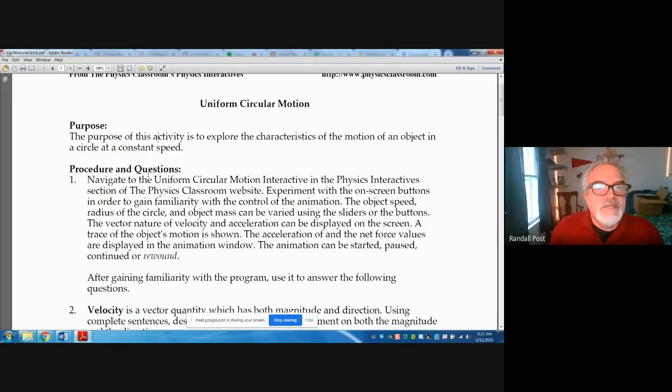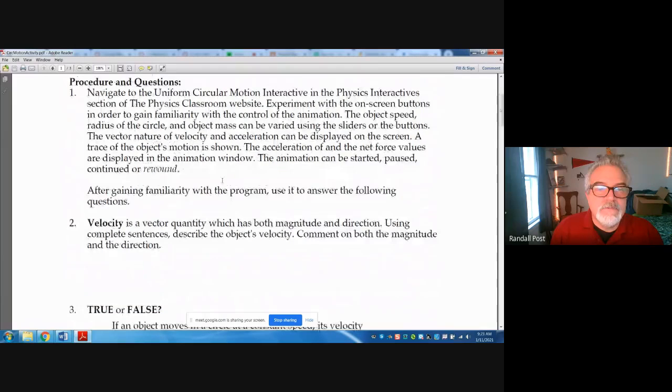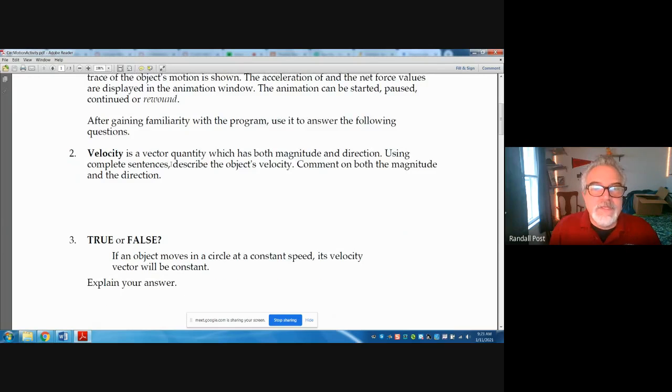So we already did this part here. We tried out the interactive, and we got familiar with it, and now we're going to use it. So move on to number 2. Velocity is a vector quantity which has both magnitude and direction. Use a complete sentence and describe the object's velocity.